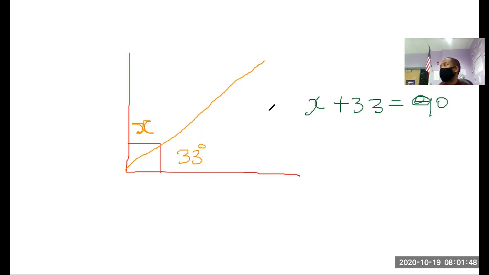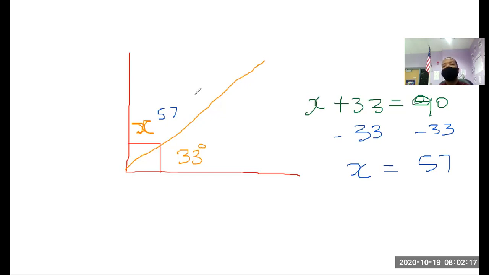Now I have to figure out what X is. In order to do that, we go back to one of the first things we learned. We talked about the additive inverse. So we minus 33 on both sides. So then we have X is equal to 57. So X right here is 57. If I add 57 and 33, they equal to 90.